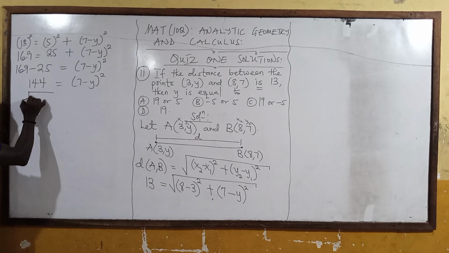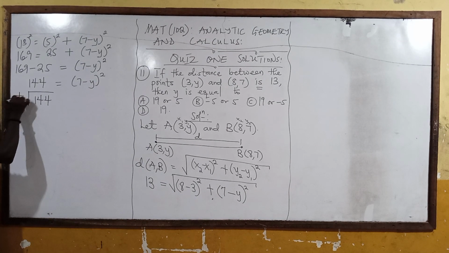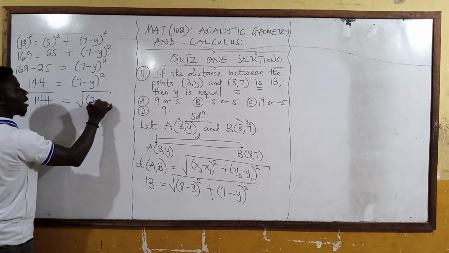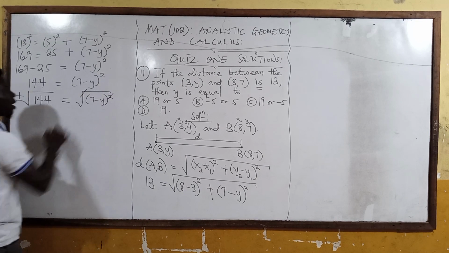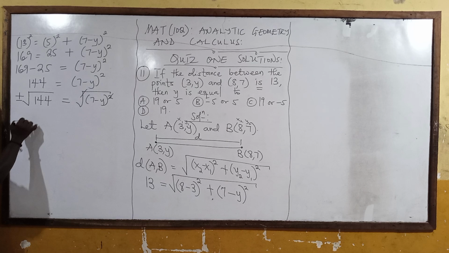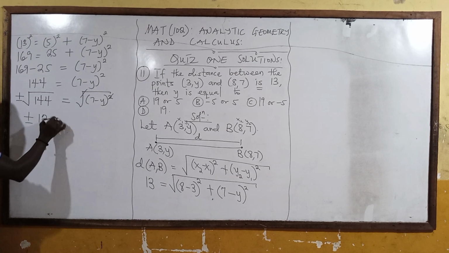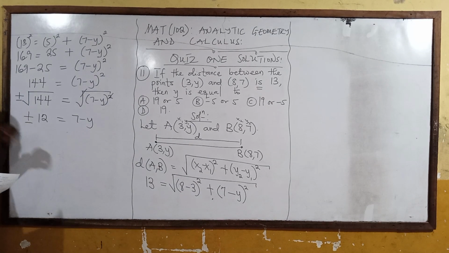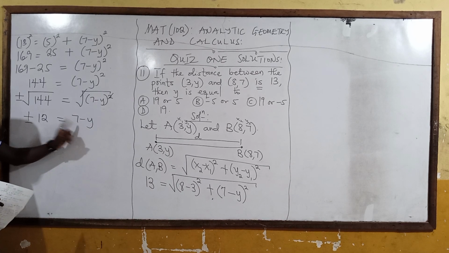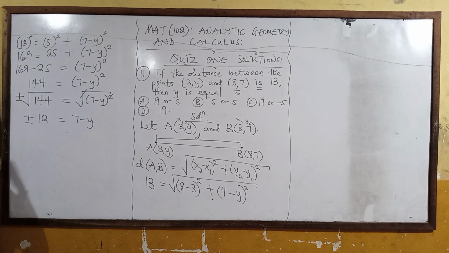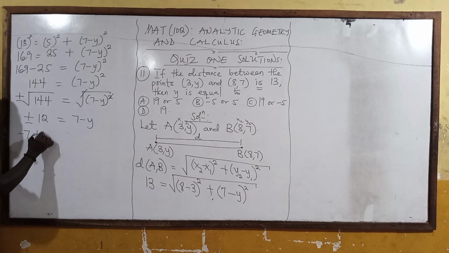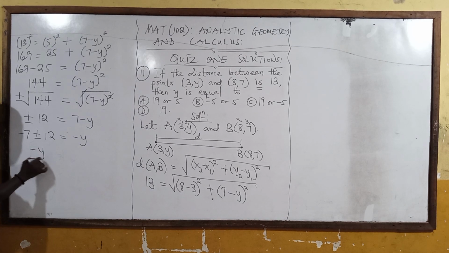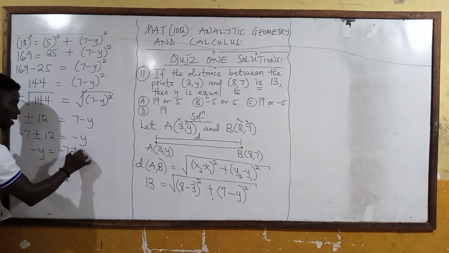So we have square root of 144. Don't forget that it is plus or minus, equals square root of (7 minus y) squared. So the square root takes away the square. Now I have plus or minus square root of 144 equals 7 minus y. Now what can we do? We can send this positive 7 to the left hand side, making it negative 7, plus or minus 12 equals negative y. So I can write it as negative y equals negative 7 plus or minus 12.